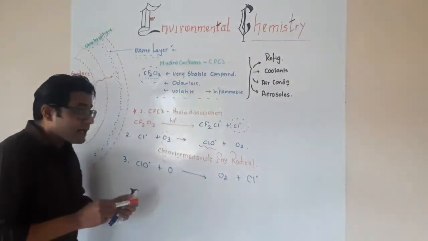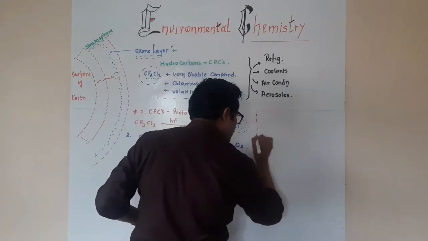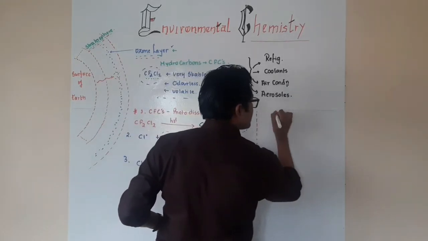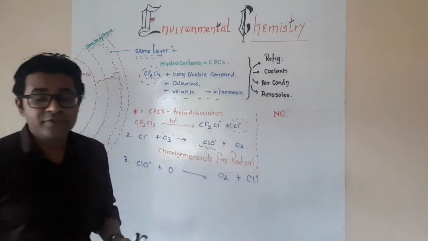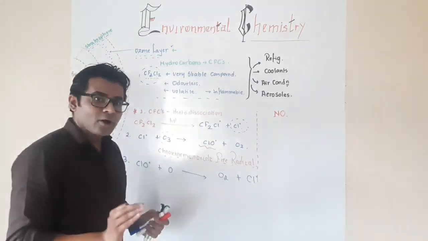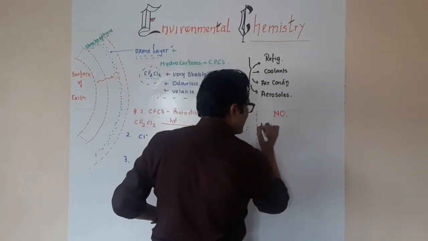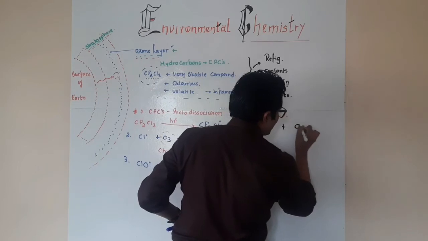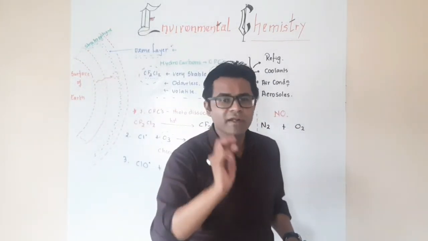The other way is because of the nitric oxides. The nitric oxide is produced because of the reaction between nitrogen gas and oxygen gas at a higher temperature in supersonic aircraft.